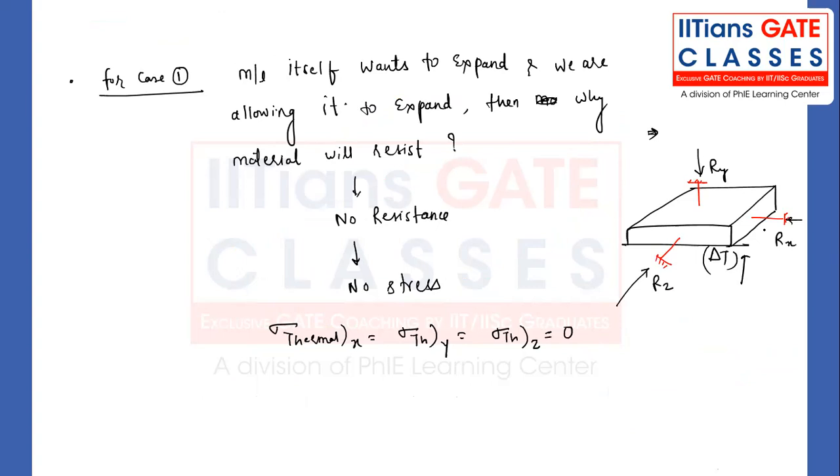Why are the restrictions coming? Because of the support reaction forces. So indirectly I can say Rx, Ry, and Rz were 0 in our first case. There were no reaction forces. The material wanted to expand and we allowed it to expand.